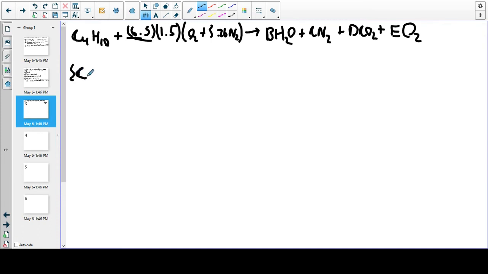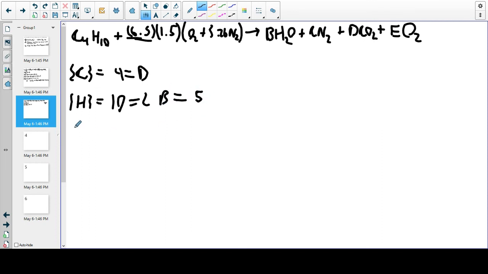For C, we still have 4 C's over here, and there are no C's anywhere else. So very obviously we have 4 is equal to D, like we did before. And then the H's, still 10 H's over here, and on the other side there are still 2B H's. So 10 still has to be equal to 2B, which equals 5.